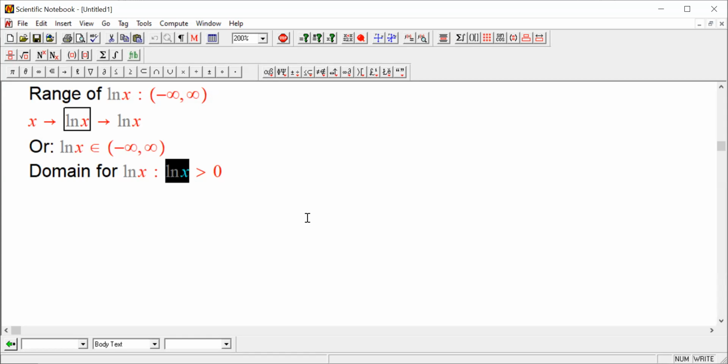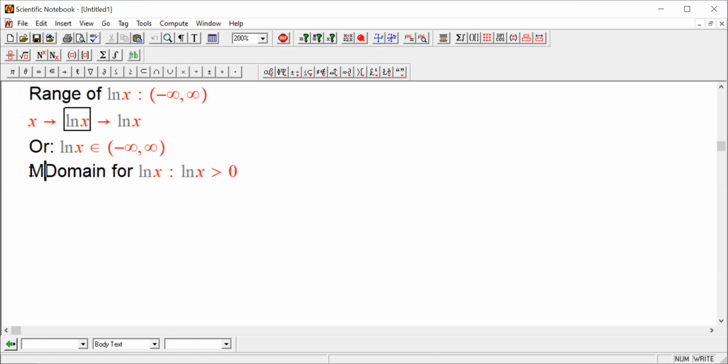So it's messed up. Don't use this. I saw multiple mistakes on the quiz about expressing the domain for ln x. When you express the domain for ln x, you're talking about what x can be. So x must be positive. That's the correct one. This is a mistake.